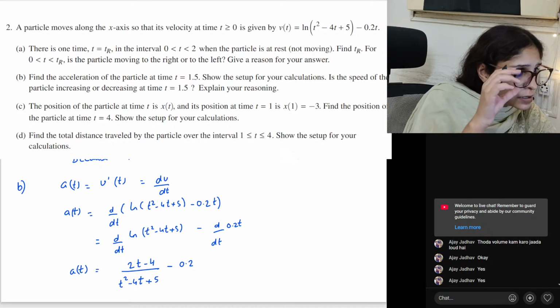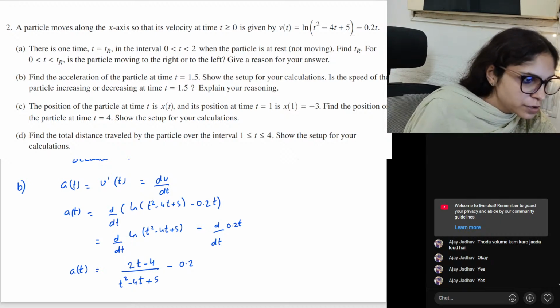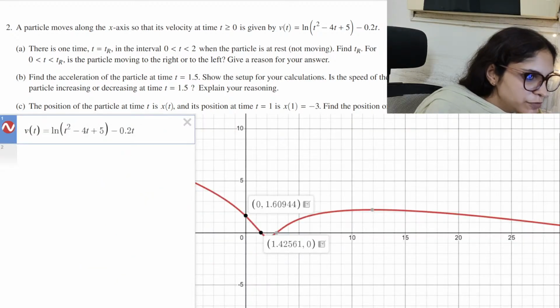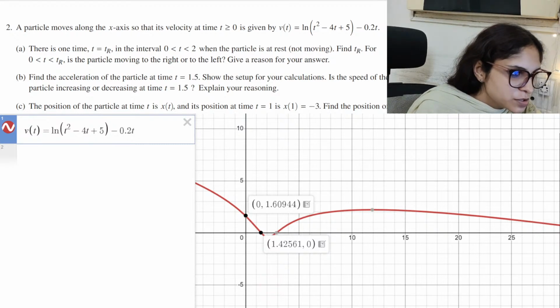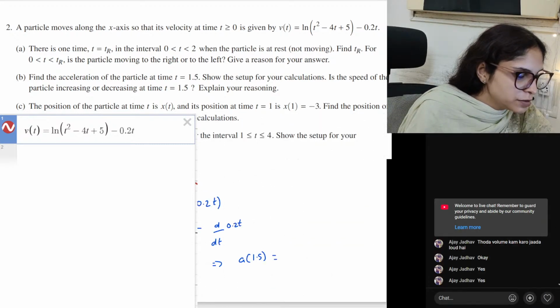And now we have to find the acceleration at t is equal to 1.5. So now we'll be using the calculator, with the help of Desmos. Now because we just want the value, we do not want the graph.